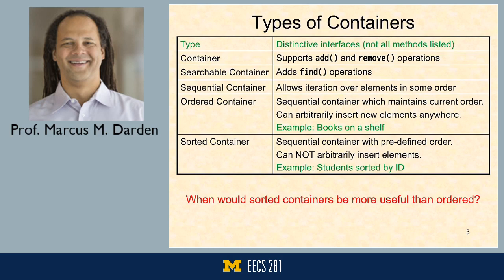Books on a shelf are an ordered container because as I look at the books on my shelf, I can see if I want to pull a book out, the book to the left of it was always to the left of the books to the right of it. And even after I remove the book, those books are still in that same order. So it's not that they have to be in a sorted range. You can see books on a shelf in a library, those are sorted.